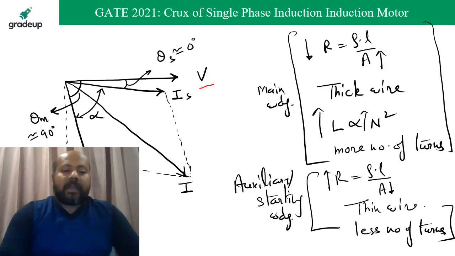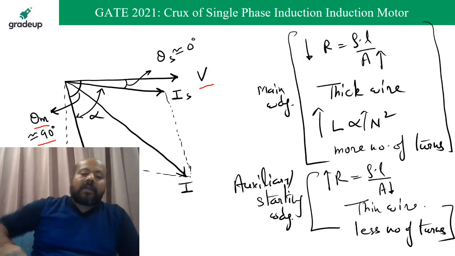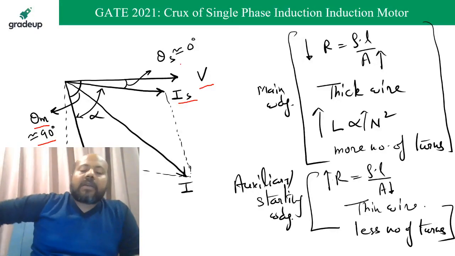So approximately this main winding current lagging angle is going to be close to 90 degrees. Not exactly 90 degrees because some resistance may be present. And if you see the starting winding current, it is lagging by a very small angle theta s, which is approximately 0. Why? Because we are taking the starting winding as highly resistive.